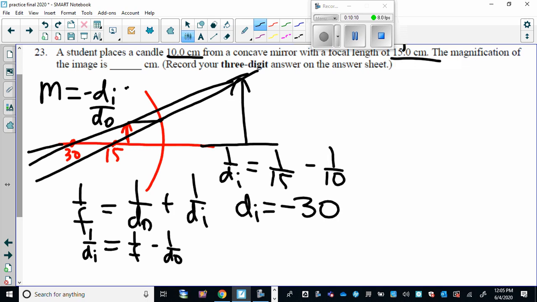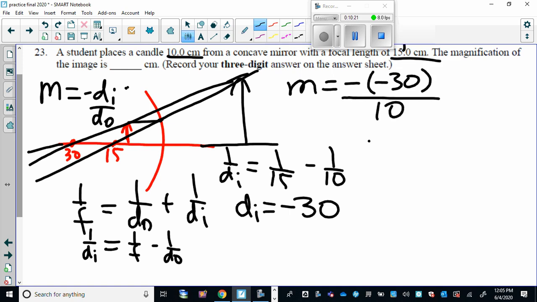Which, yeah, looks not bad. Not bad. Negative 30. And then you can plug it into this formula here. And the answer is 3 times bigger, which actually is not too bad at all, based on my diagram.